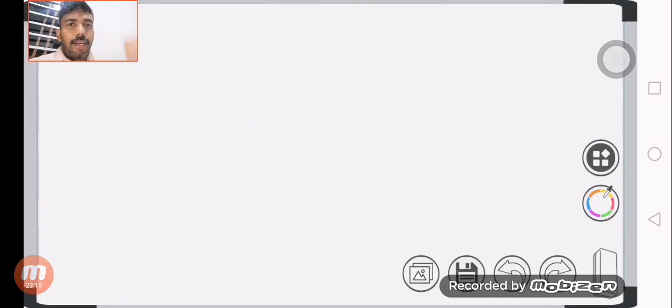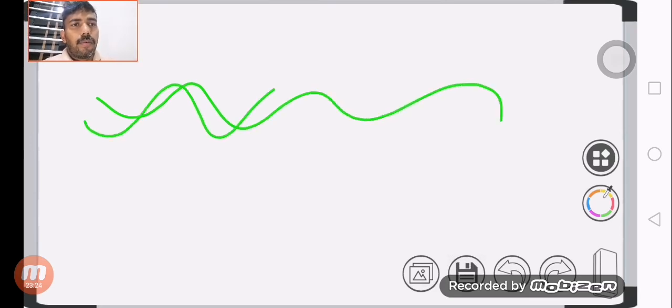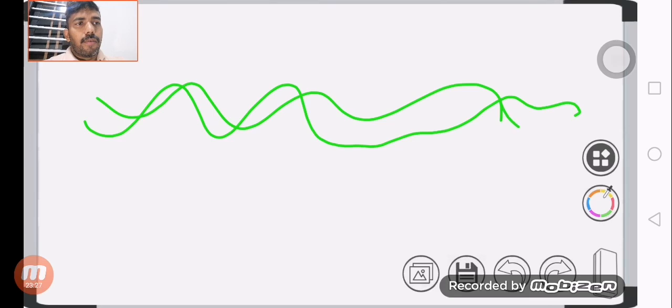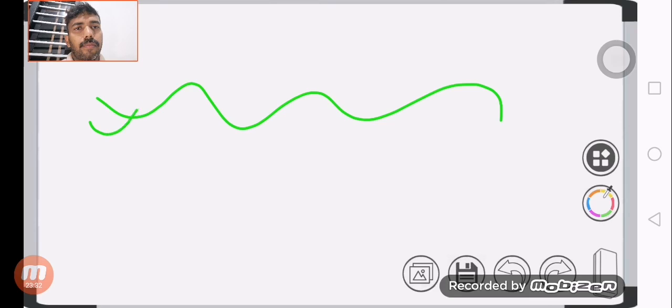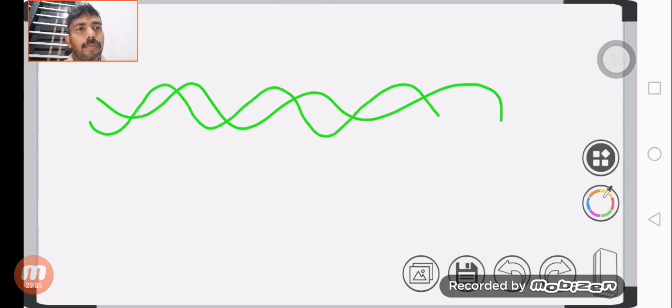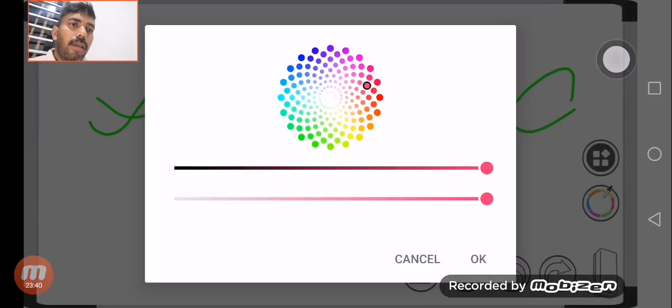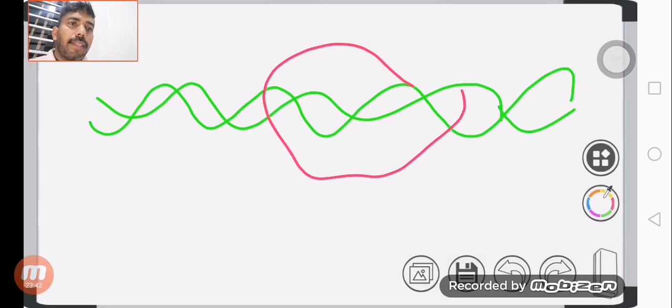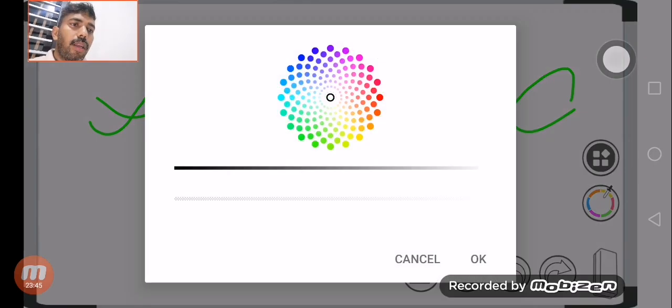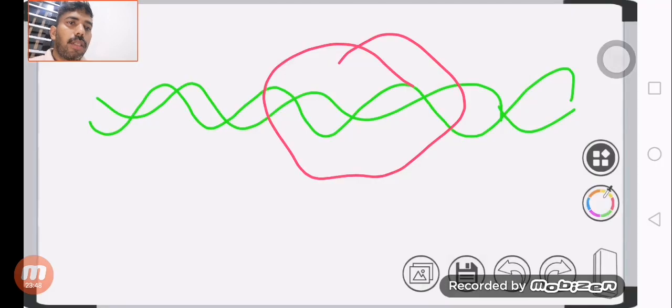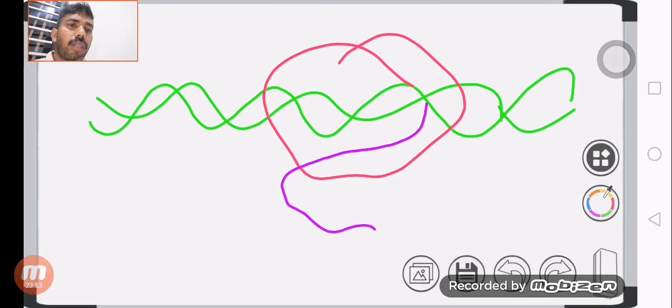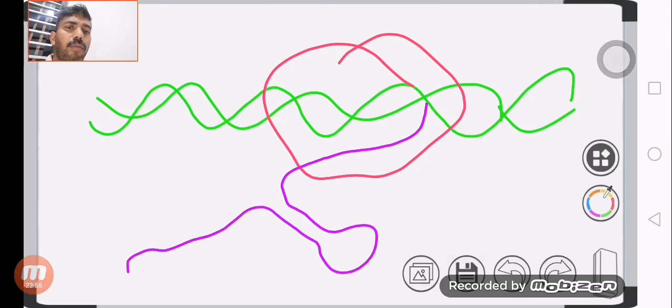So it is simply like, there is the DNA molecule, right? There is the DNA molecule, and here you can see the enzyme complex, and now suppose this is the newly synthesized RNA molecule, and that forms a stem loop structure here, and the rest of the molecule is here.